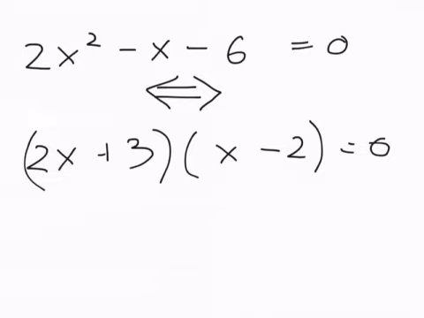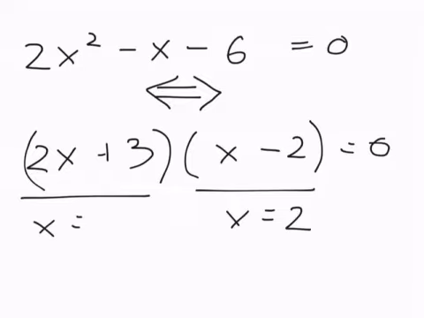Now let's assume that this bracket equals 0. x minus 2 equals 0. Then obviously x must equal 2. And if this equals 0, then 2x plus 3 equals 0, which means x equals minus 3 over 2. We have two possible answers for x.